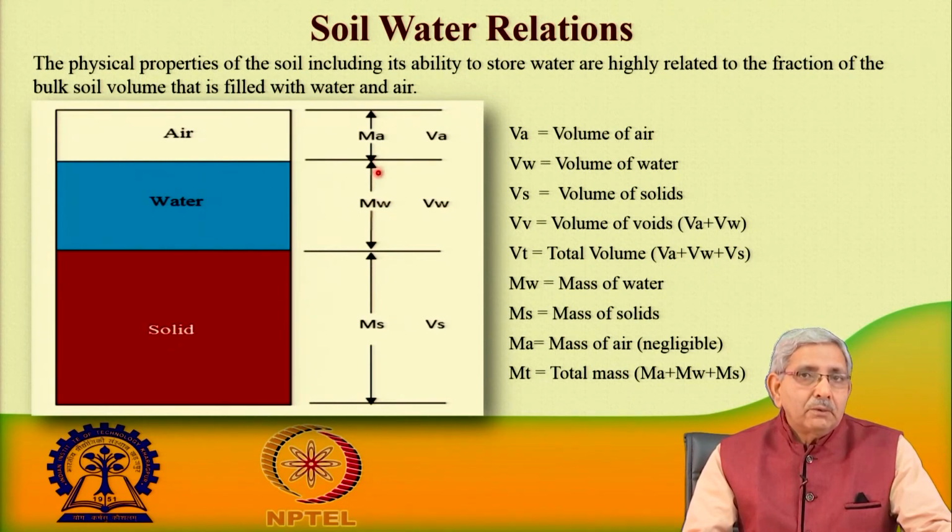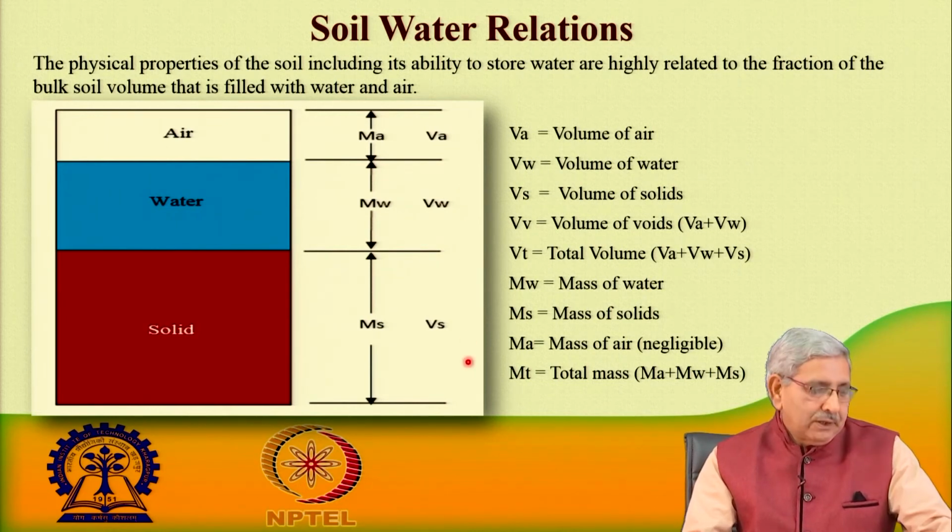So, if it consists of air, water and solid, one part is the mass of air, another is the mass of water, and another is the mass of the solid particles. When we sum them together, it becomes the total mass of the soil column, and this can be expressed by volume of air, volume of water, volume of solid.